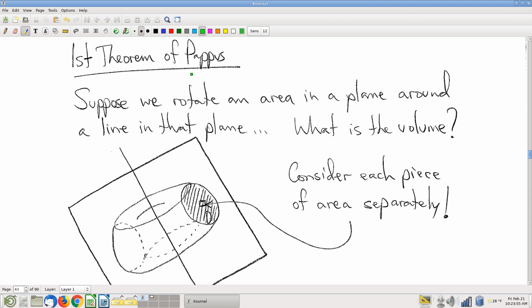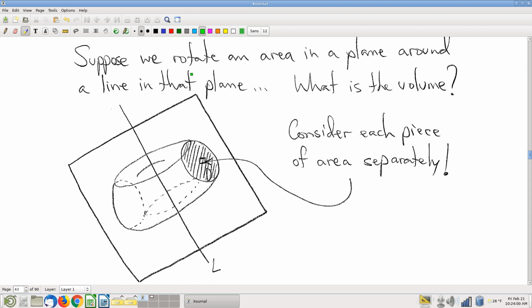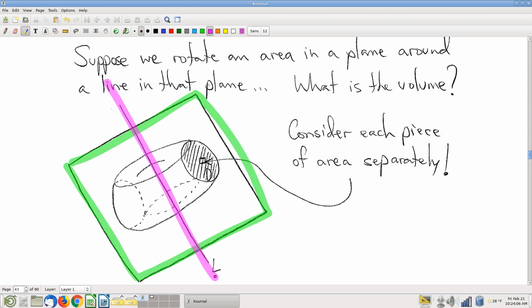Okay, so here's the big idea. It's really a very clever idea. Suppose you have a plane, and suppose you have a line in that plane, and then further suppose that you have an area in the plane entirely on one side of the line.